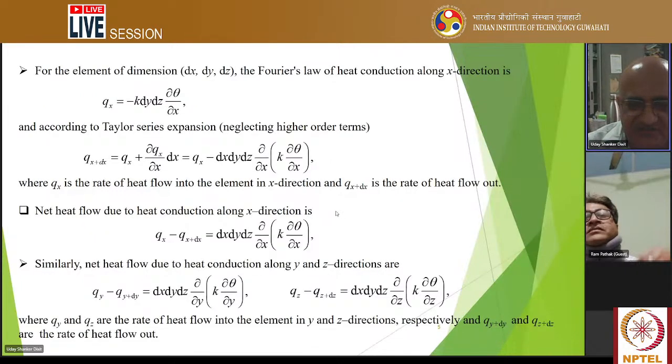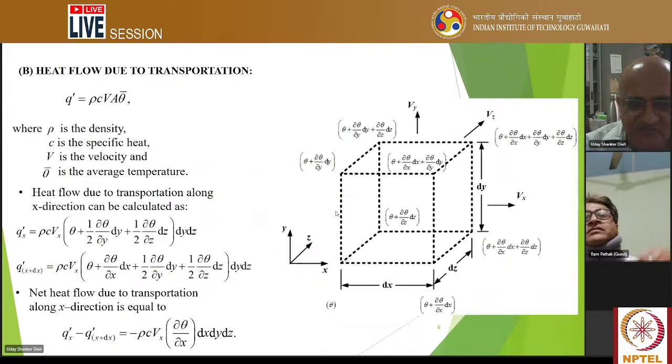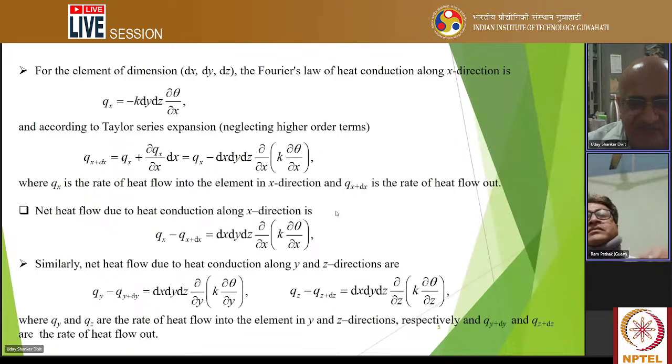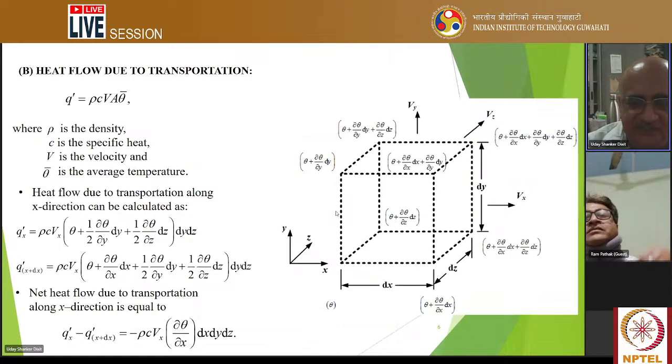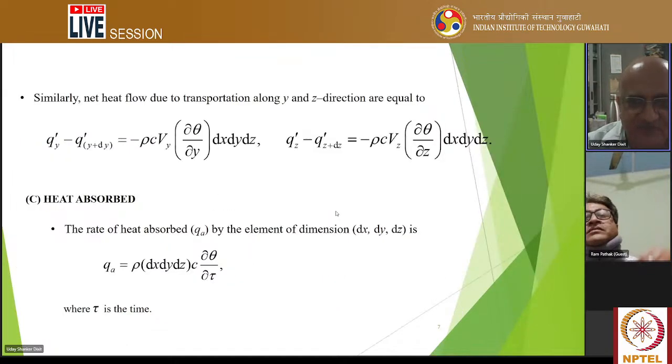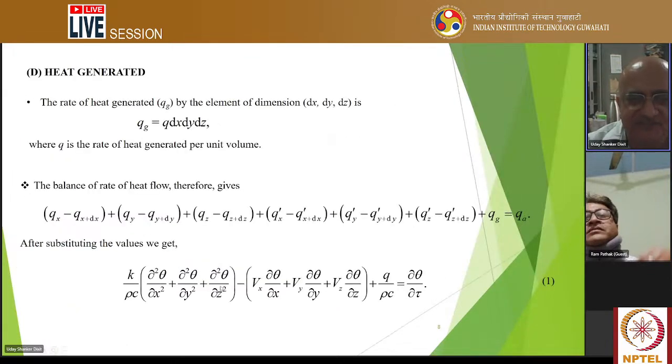Now in the heat conduction derivation, suppose there is a moving material, that means material is moving and temperature is also changing. The entire derivation is there, but I want to draw your attention to this equation, the heat transfer equation, a very important equation.